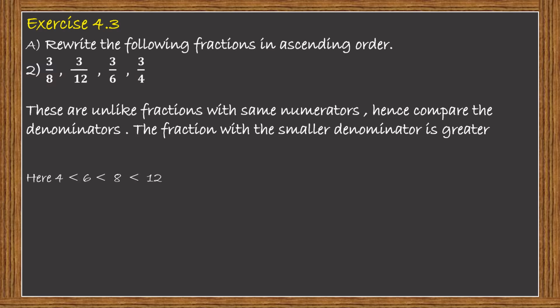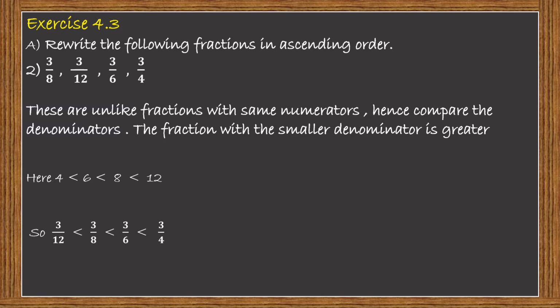So the fraction with this denominator will be the greatest. So we will write down here, 4 is less than 6, less than 8, less than 12. So 4 is the smallest, so 3 upon 4 will be the greatest fraction, and we have to arrange in ascending order. So we want the smallest fraction first. By this rule, which one will be the smallest fraction? The fraction with the greater denominator, which is 3 upon 12.